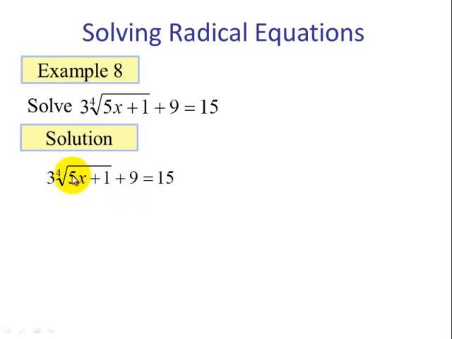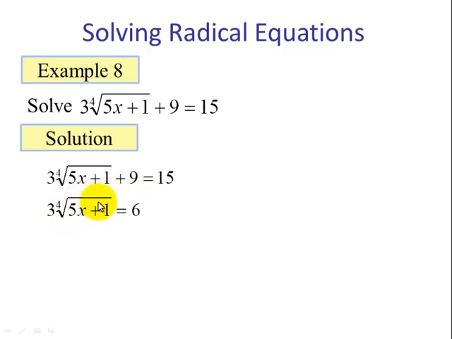So if we knew what the value of x was, we would multiply by 5, add 1, take the fourth root of that number, multiply by 3, and then last add 9. So solving the equation, we follow the order of operations in reverse. So the first thing we're going to get rid of is the plus 9. So we're going to subtract 9 to both sides.